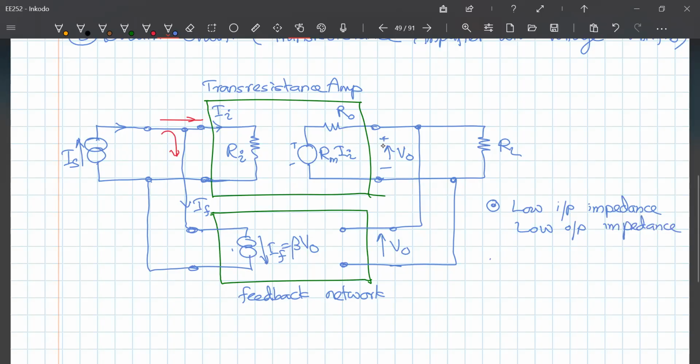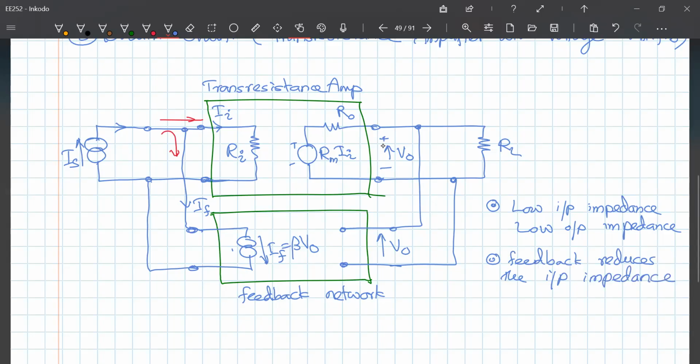So as you can imagine, what feedback does is it reduces the input resistance. Output is not changed because this impedance in the sampling network is infinity, so it doesn't draw any current there. So therefore, output impedance has not changed, whereas the input impedance actually reduces. Feedback reduces the input impedance.